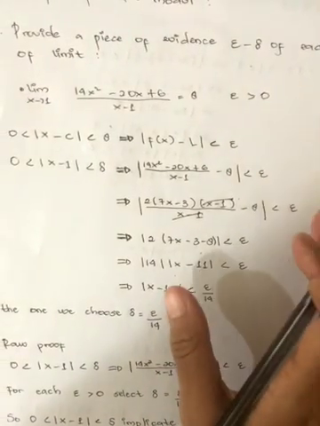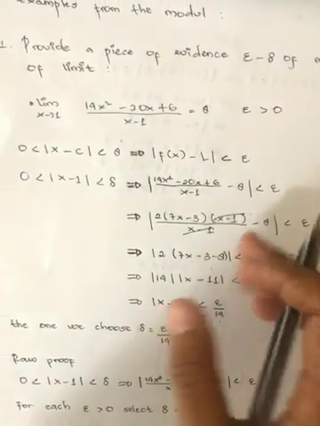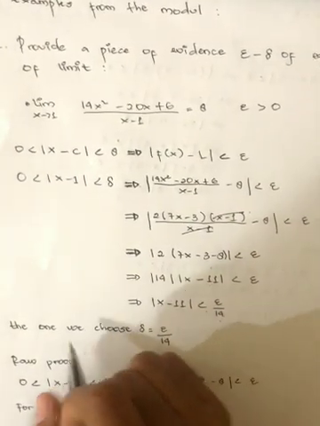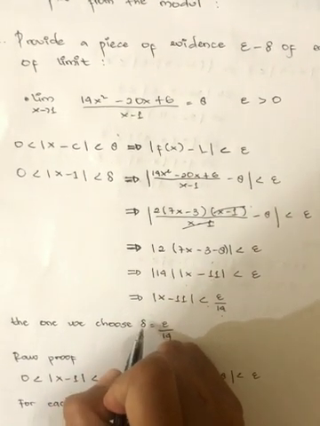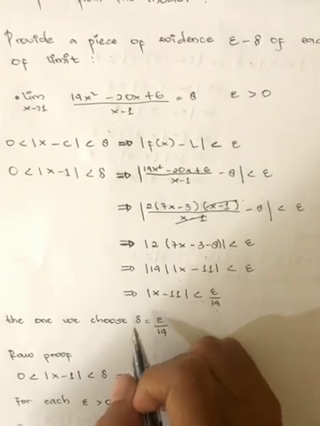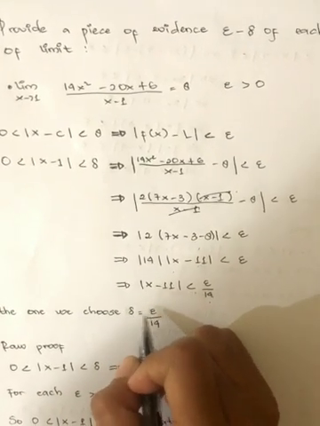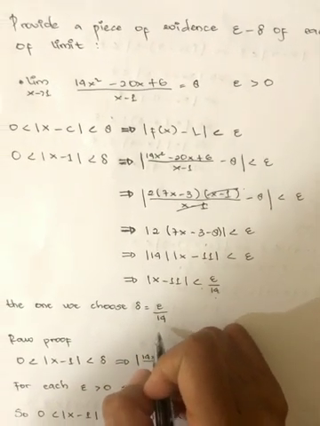Then we choose the value of delta to be epsilon per 14.